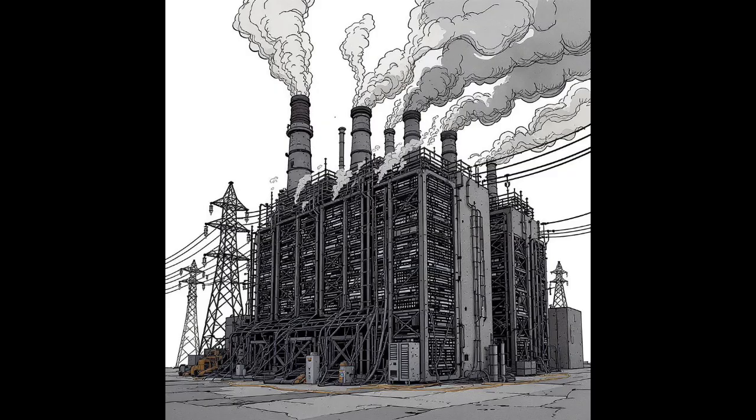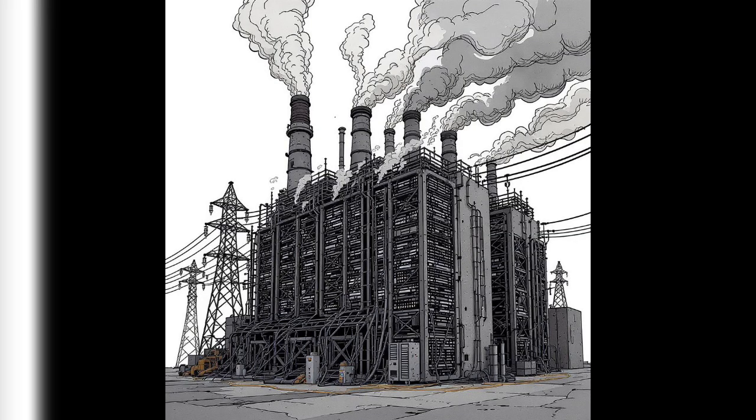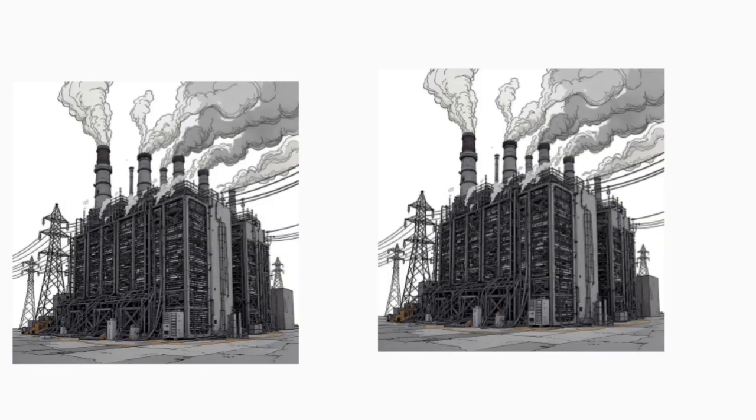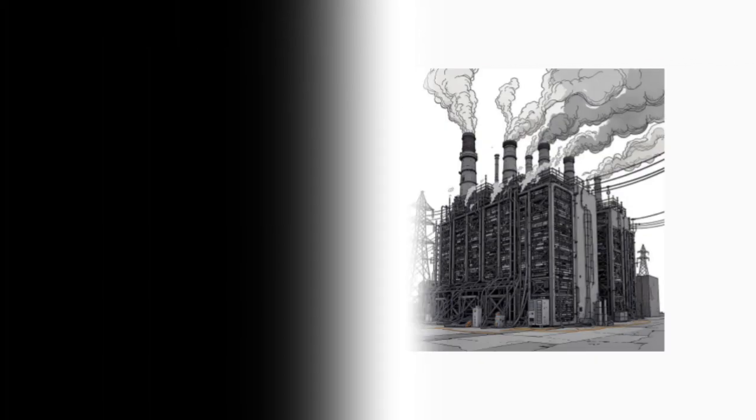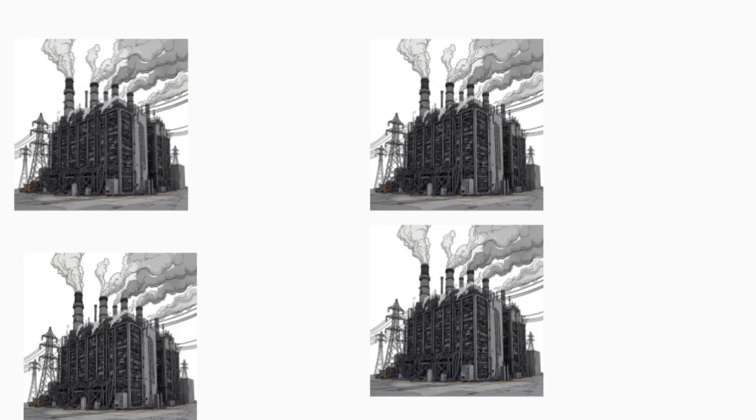A GPT-3 class model runs at 10 to the 11th power parameters. That's on the order of 10 to the 23 flops. That's an enormous number. One GPU would take centuries to calculate that. So they scaled to thousands or tens of thousands of GPUs to finish in weeks or months.